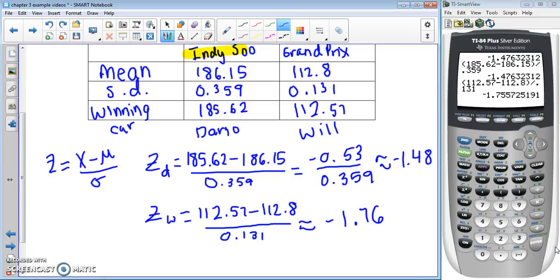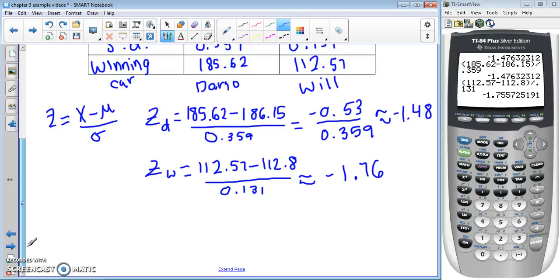So let's think about those values there. What do z-scores represent? That tells us how far we are away from the mean. So this is telling us that Will Power is more standard deviations below the mean, which is what we want, because remember, if we're finishing more standard deviations below the mean, we're finishing in a faster time, right?